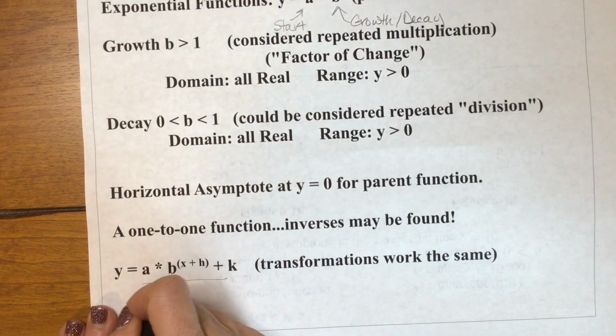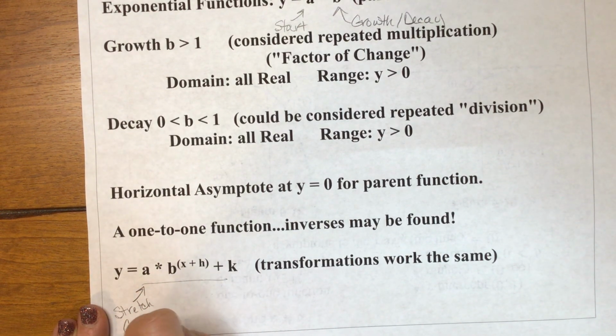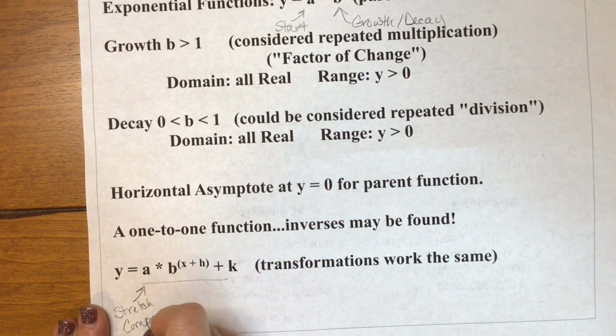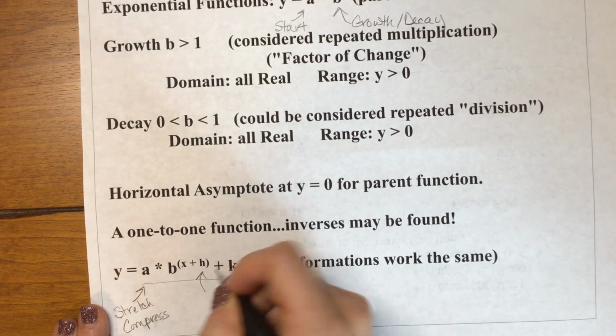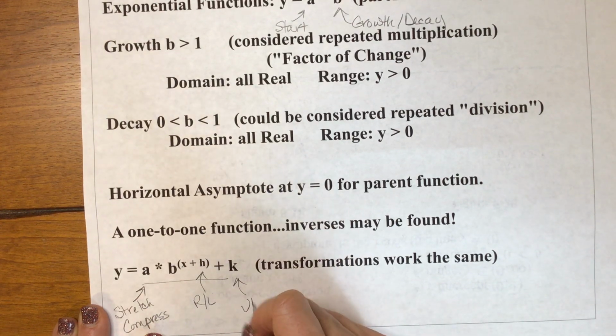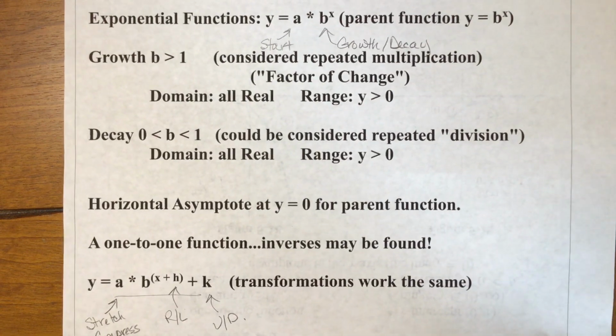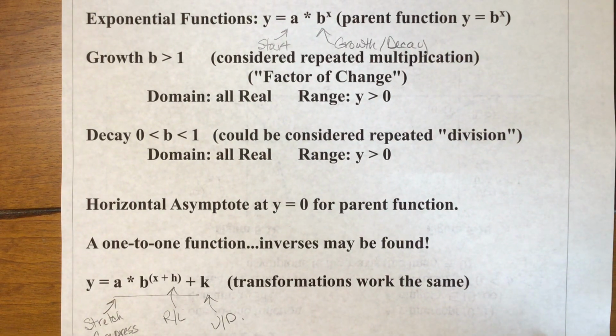So this is growth or decay, otherwise known as stretch or compress. This shows if it moves right or left, and this is up or down. So maybe you guys want to pause and get all this on your notes.